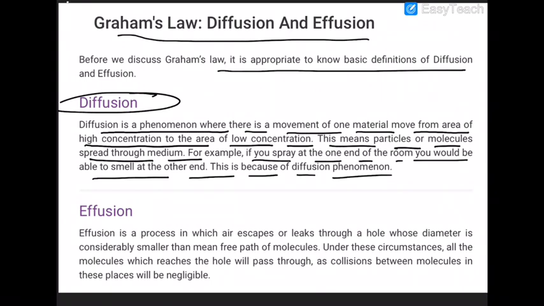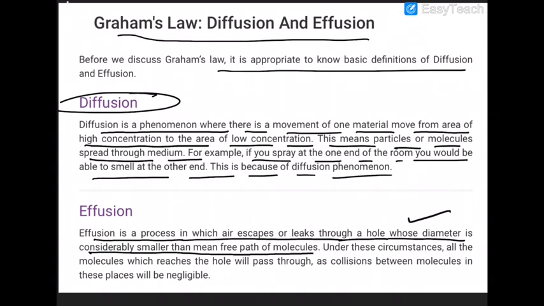Effusion is the process by which gas escapes or leaks through a very tiny hole whose diameter is considerably smaller than the mean free path of the molecules. I am repeating once more: the hole should have a diameter smaller than the mean free path of the molecules.